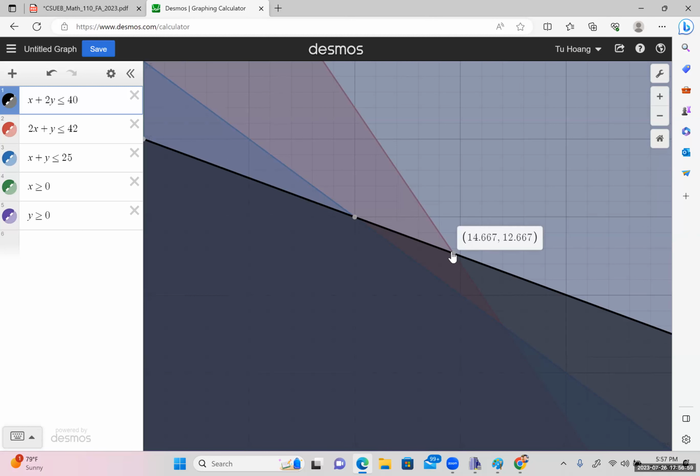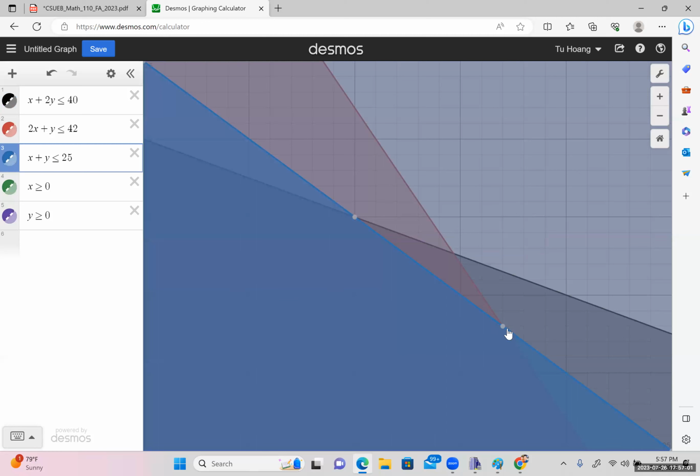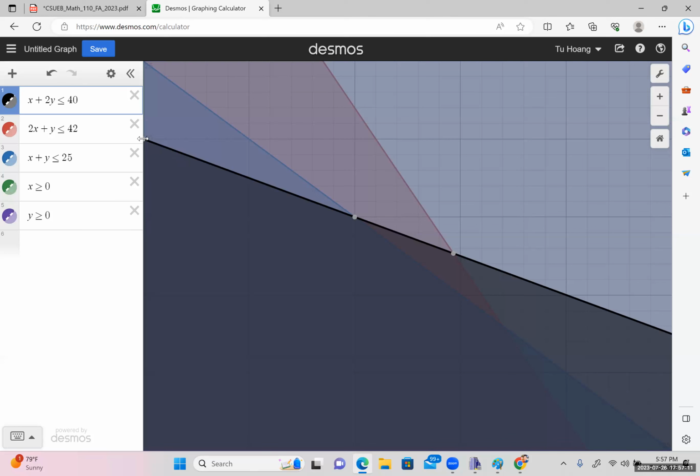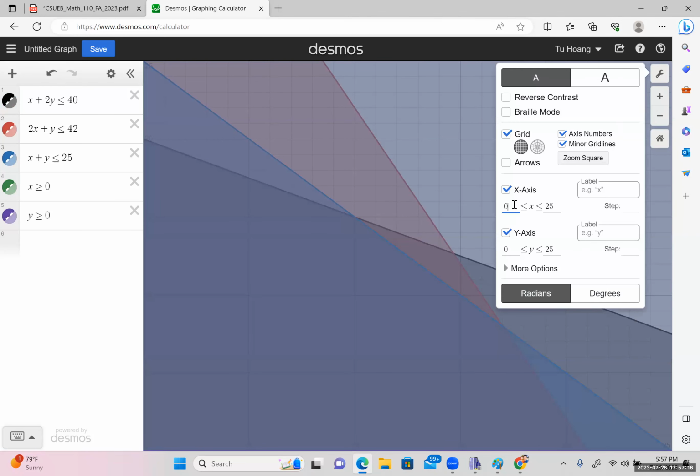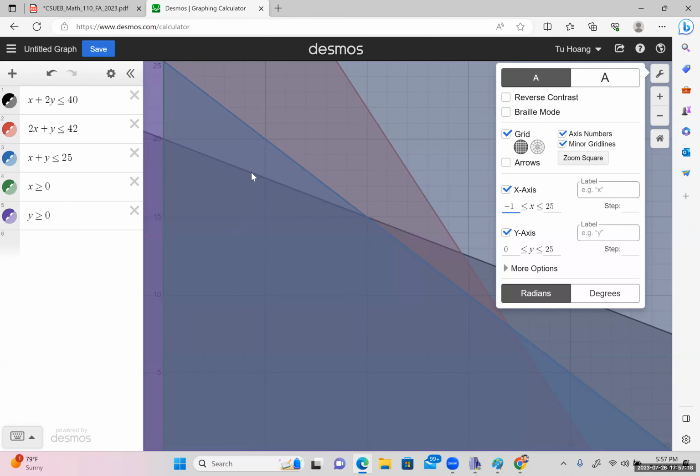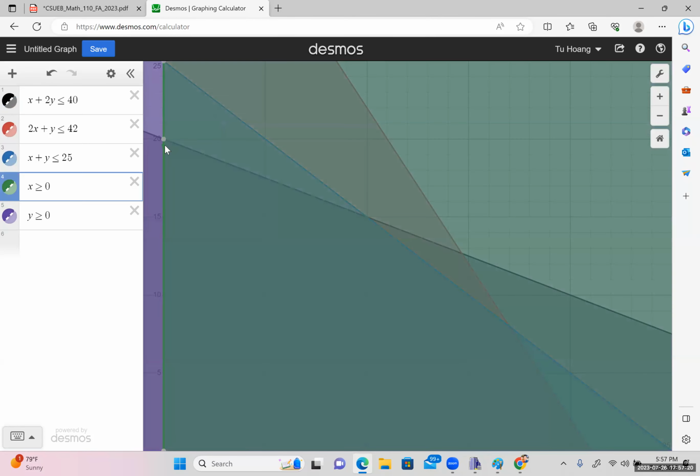This one is not in the feasible region. We need this one, right? 17.8. I really want to get to this point, so maybe I move a little bit further. Okay, now this is showing me 0.20. Good. I need this point, 21.0. All right.